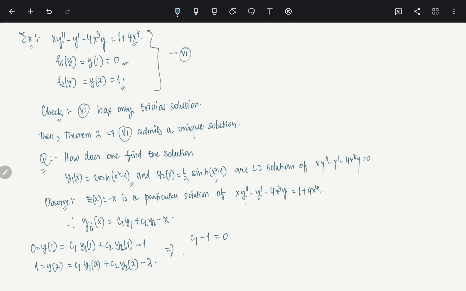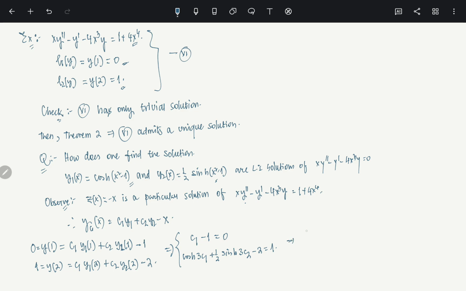And the second part is cosh(3) c1 plus half sinh(3) c2 minus 2 equals 1. These are the two conditions which you are going to get. Now you can of course solve this problem. From here c1 equals 1.